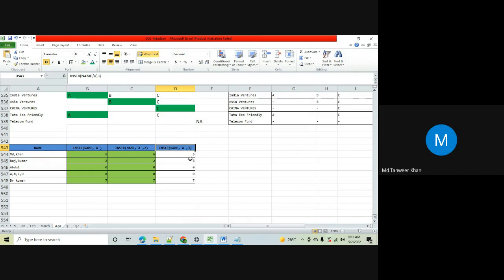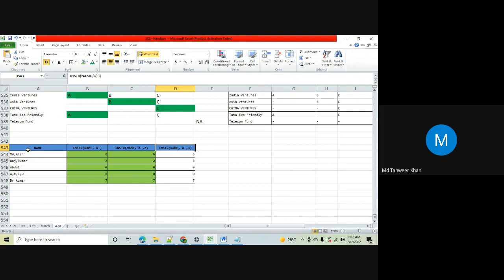Those who are not speaking, please go on mute. Some background noise is coming. Okay, so here in the string name comma a comma 3, you are telling the SQL engine to concentrate on this name column.